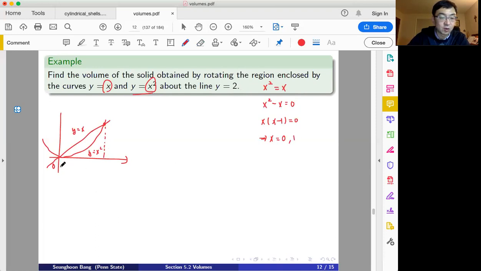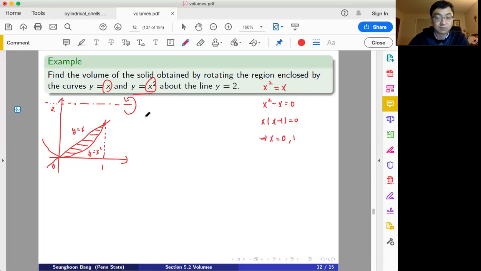We have 0 and 1. We have this region. Right? You have to rotate this region about y equals 2 here. You can rotate like this.